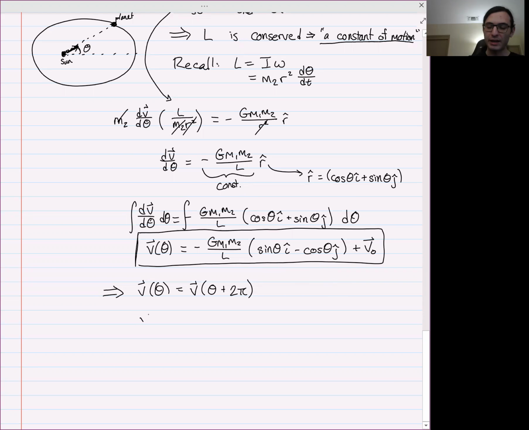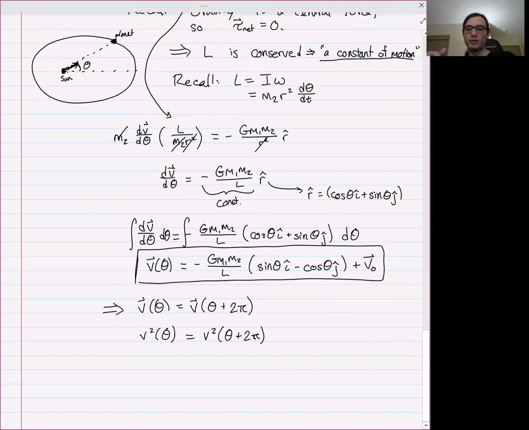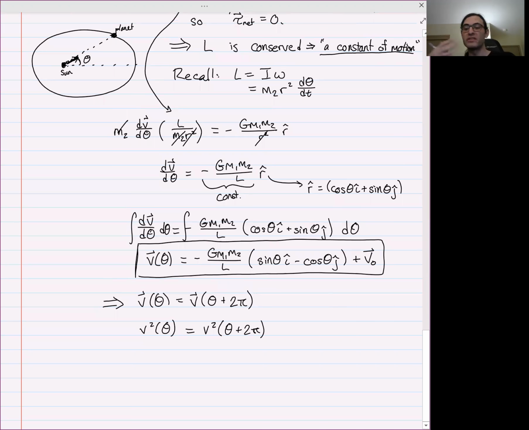And so from that, we learn that v squared of theta is v squared of theta plus 2 pi. So by the way, what this tells us so far is that the translational speed repeats itself every 2 pi. But that doesn't yet tell us that the distance repeats itself every 2 pi.